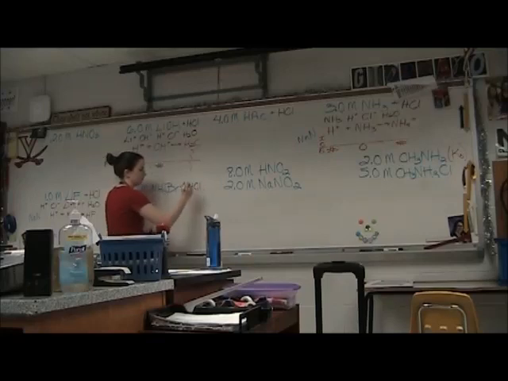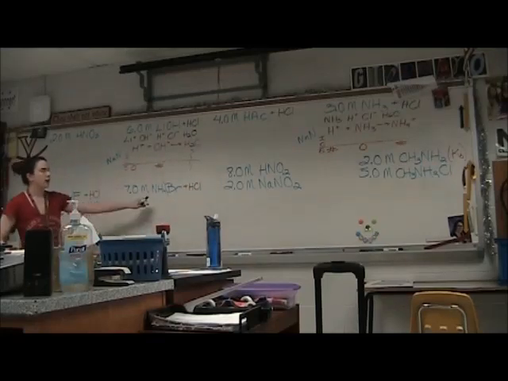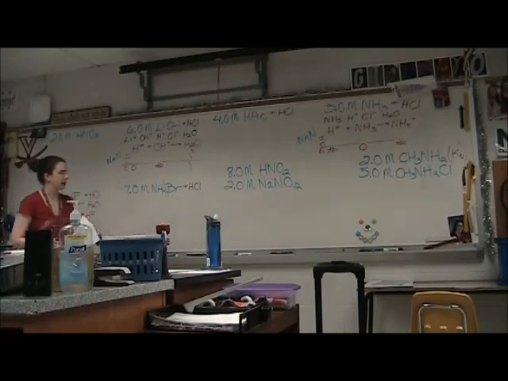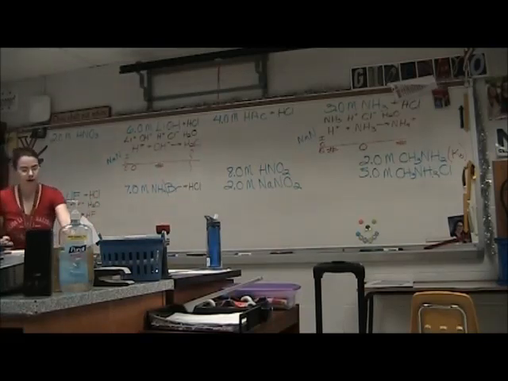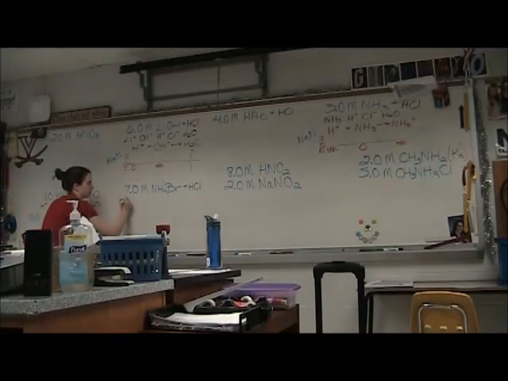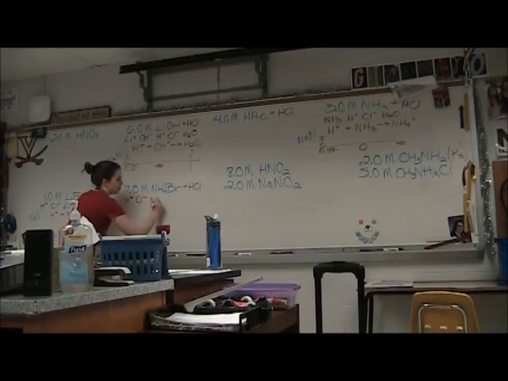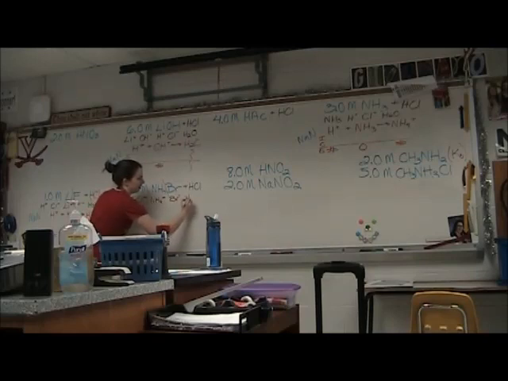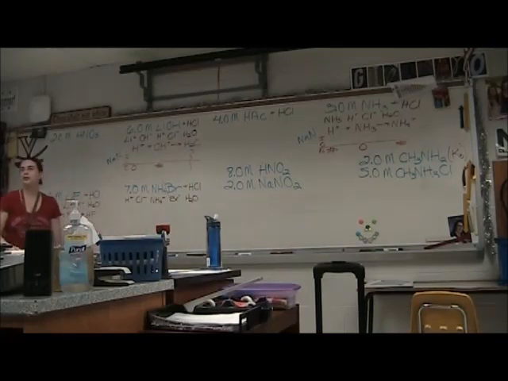Okay? It's another salt plus a strong acid. Okay? Is it a buffer? No. All right, let's list it all out. H plus, Cl minus, ammonium ion, bromide ion. This one is a little bit tricky.